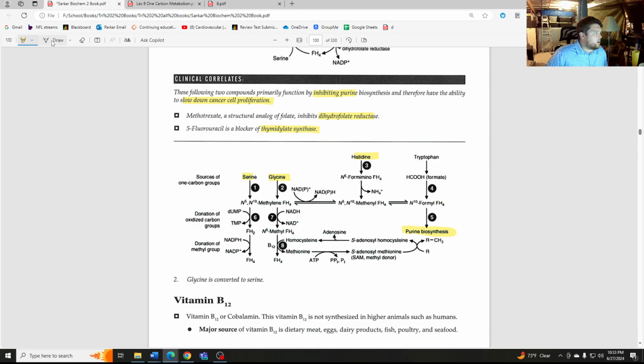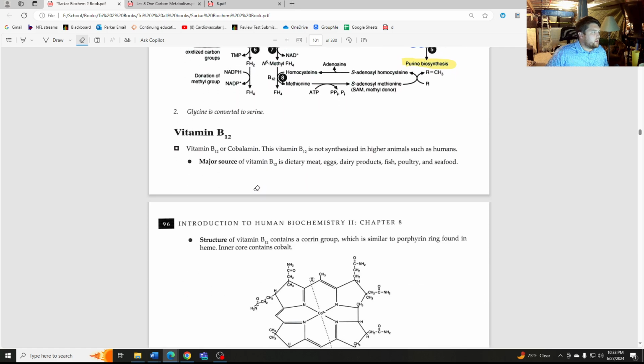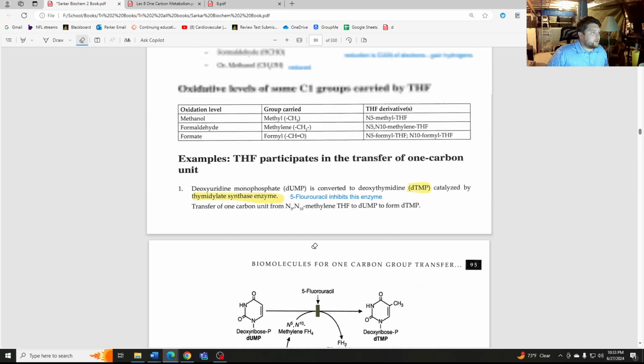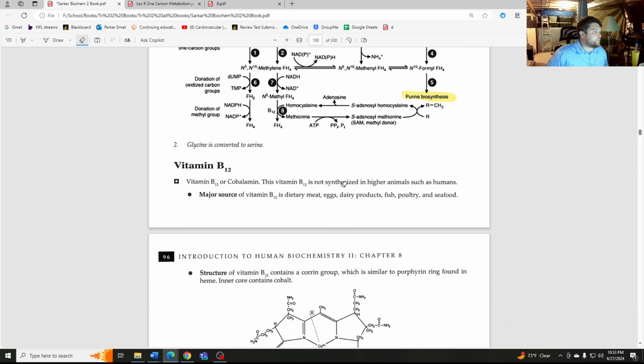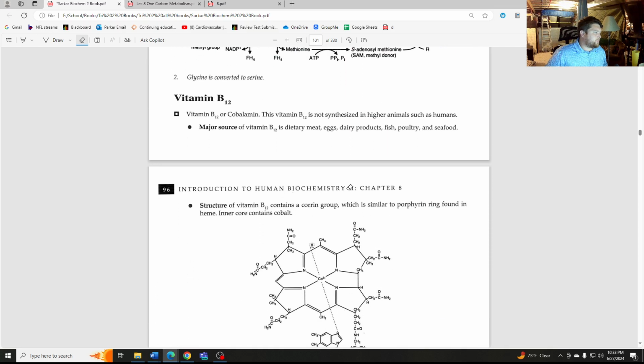So see how all of this comes all the way through in order to form the purines. And also how glycine can be converted to serine. We can go different ways. Okay, so that's our tetrahydrofolate. We'll continue to look at that and see what's going on there when we get to the questions.